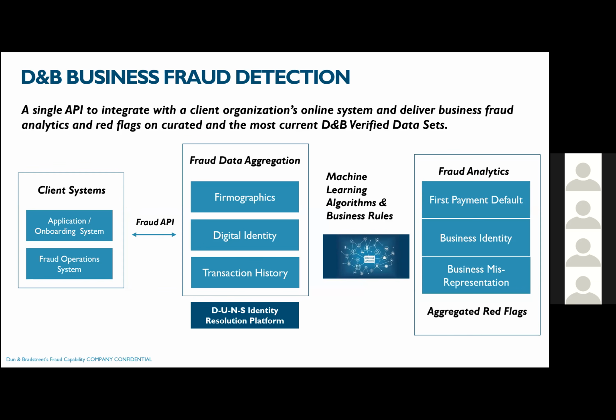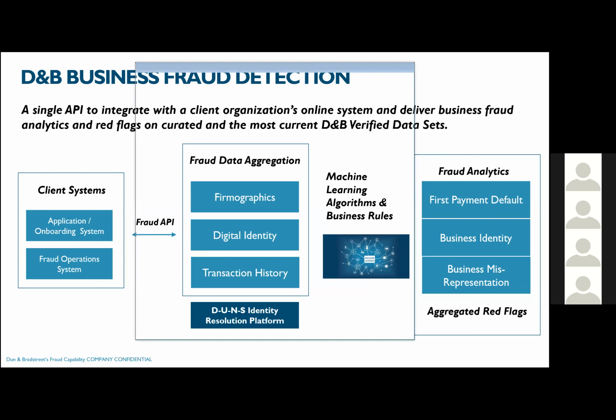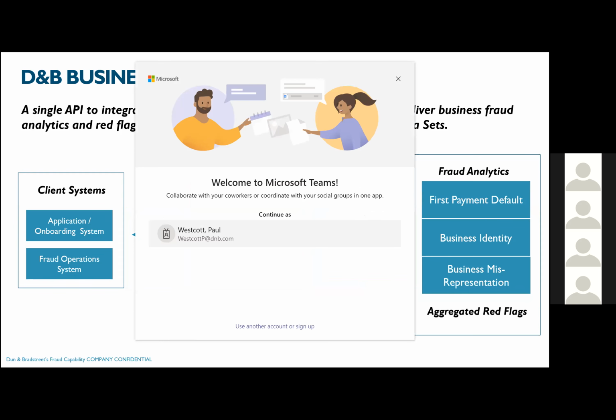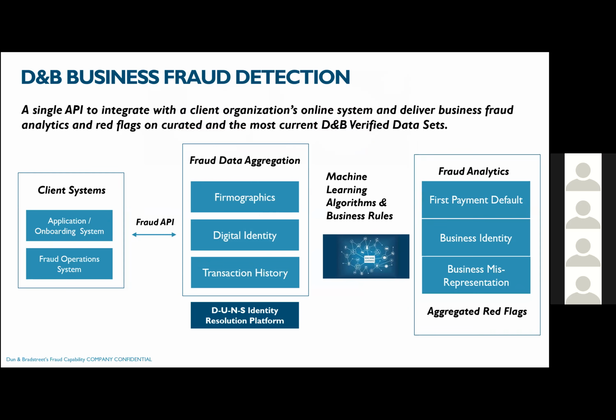Let's say your company already has an online application or onboarding system, our API will be integrated with the system. And through this API, we collect your applicants' self-reported business data and capture digital identity data such as email, device, and IP. We then append the wide range of data assets we shared earlier and aggregate all these data points to process through our machine learning and rule processing algorithms.